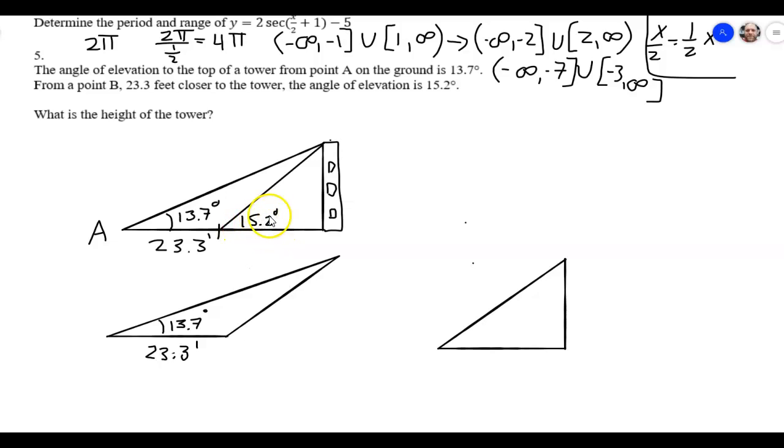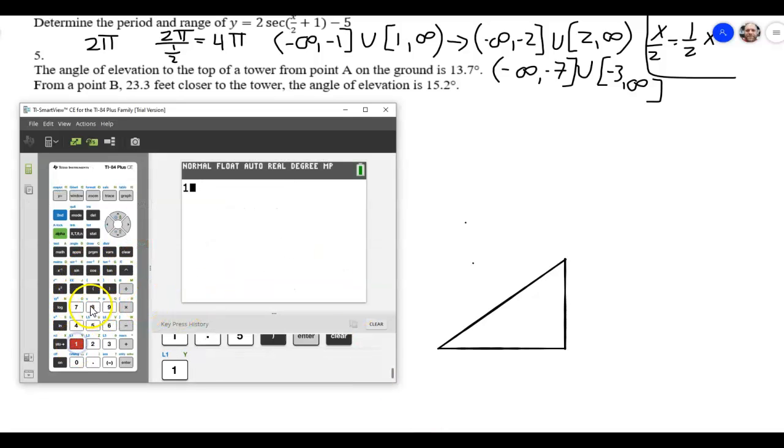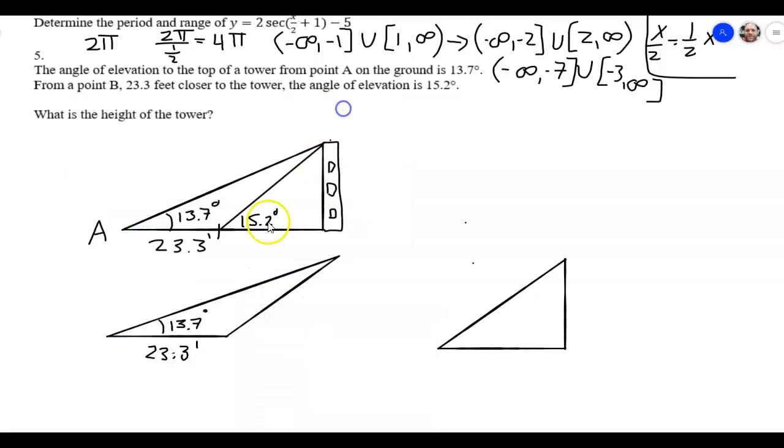So if this is 15.2 degrees, then this one here has to be 180 minus 15.2. So I'm going to do 180 minus 15.2, and I get 164.8.